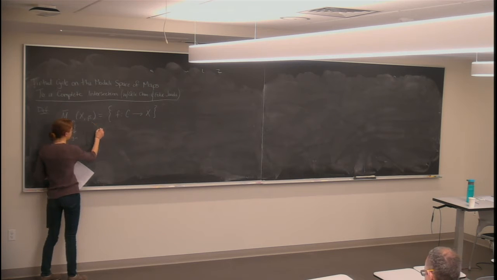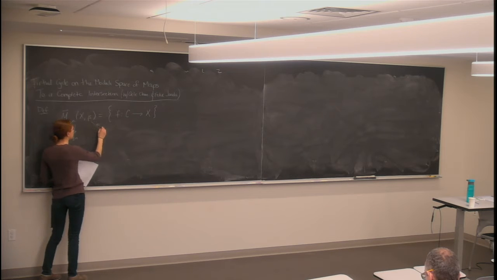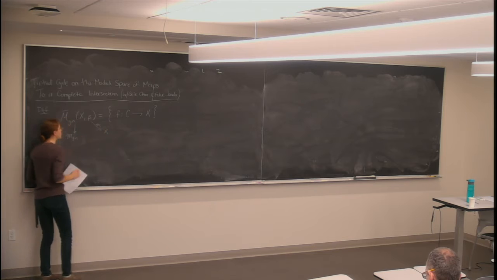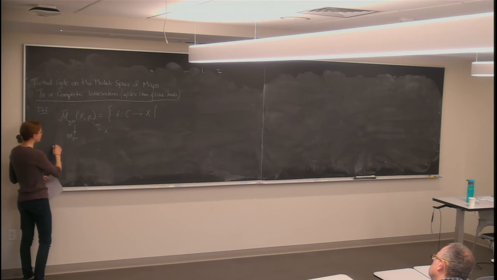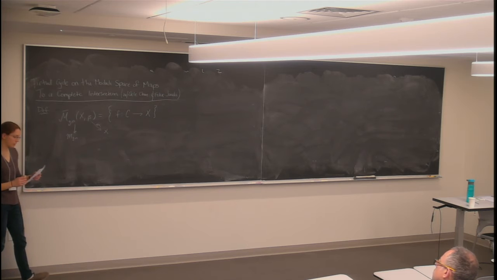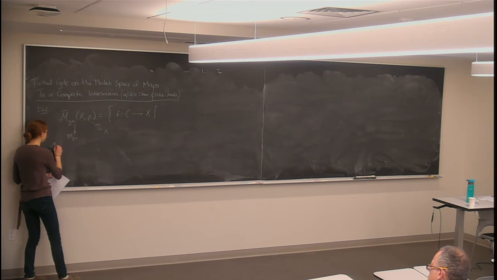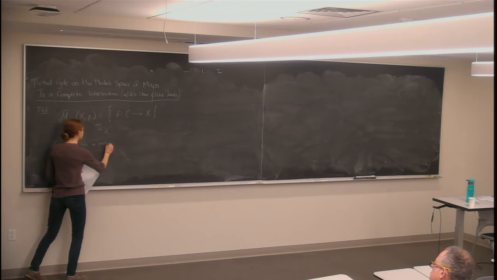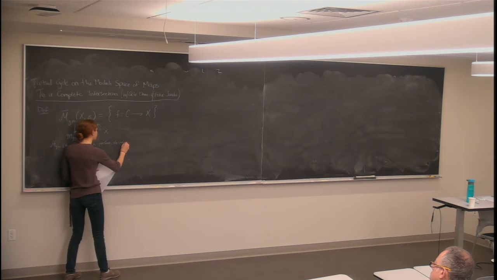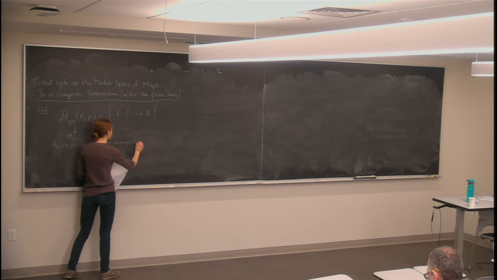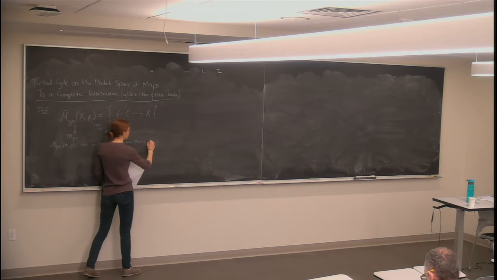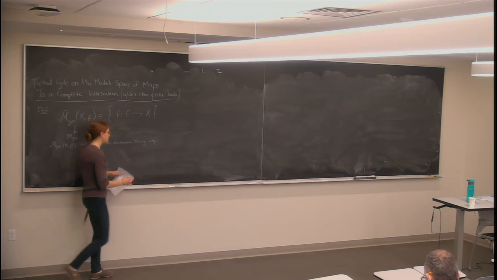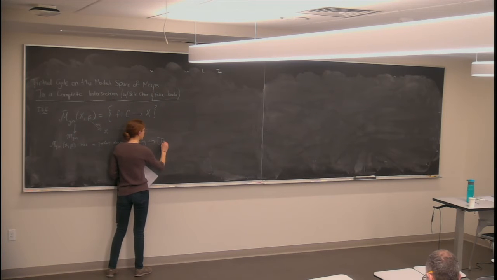Just to remind you where Gromov-Witten invariants come from, there are evaluation maps to X at the marked points. And so this moduli space has a perfect obstruction theory, which, via the construction of Behrend and Fantechi, leads to a virtual fundamental class.